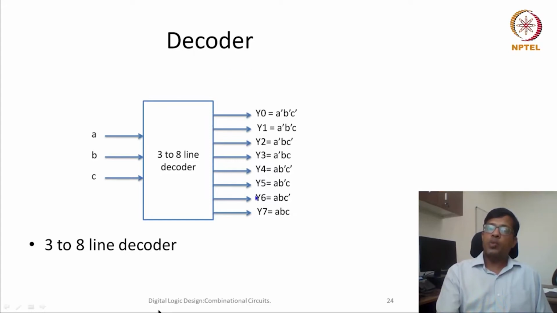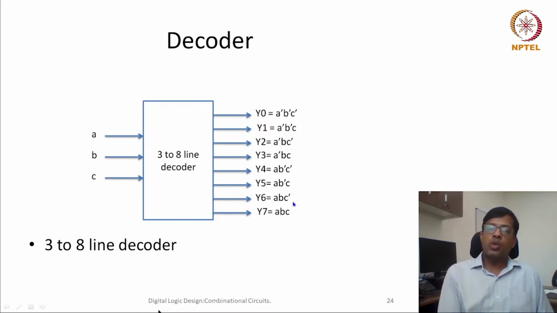Now there could be n outputs and the number of inputs would be log n base 2. So if there are 8 outputs, there would be 3 inputs, and based on the 3 inputs, one of the lines would be selected. One line would be high, all others would be 0.